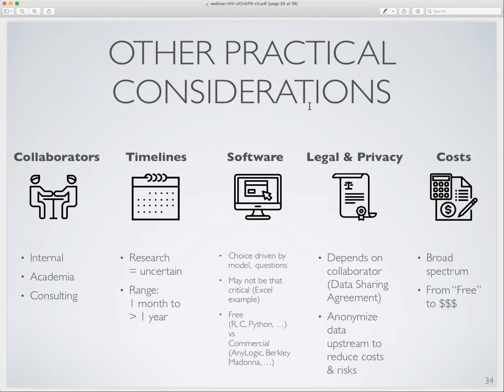You can have no financial cost if you manage to have, for example, graduate students that are already funded by their universities and just happen to be very happy to be, and their supervisor also is happy to be working on your project. But again, there is a broad spectrum of costs within a modeling project. If you have to pay a postdoctoral researcher for a year or two, that can be expensive.